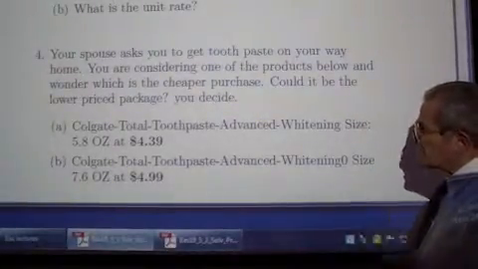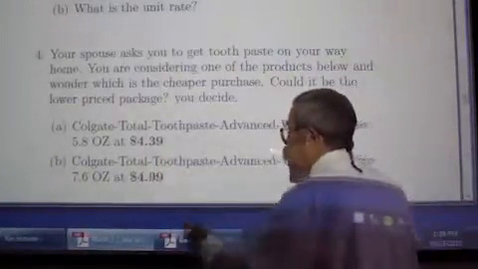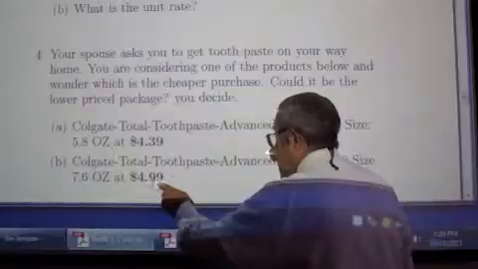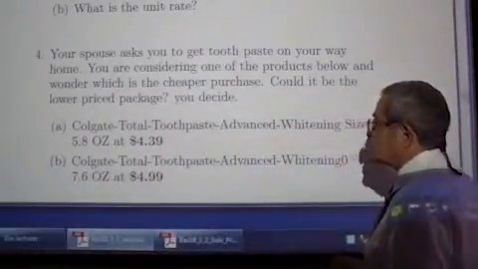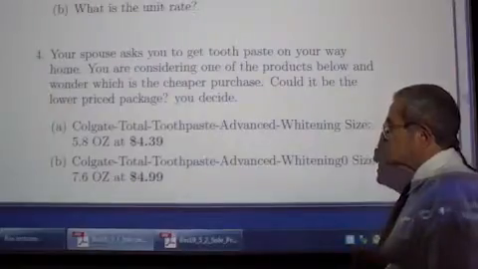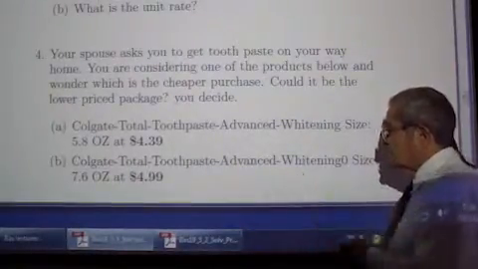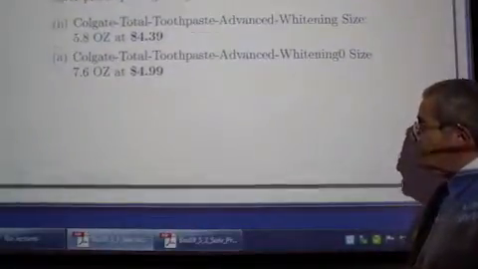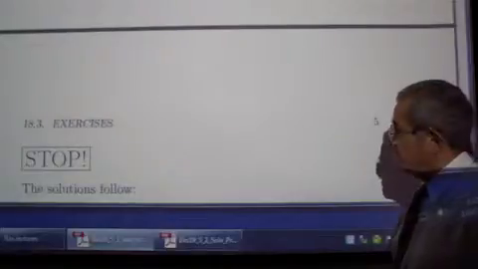Well, the price is pretty close, but you get more ounces here than here. So my hunch is this is the cheaper one. Why don't we do everything per ounce and see? This is an exercise, so the solution is not available here yet. I'll give you the solution next week, next video.